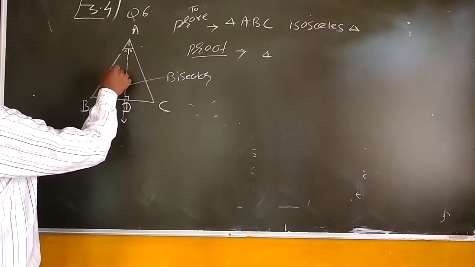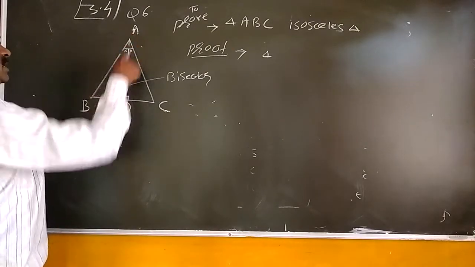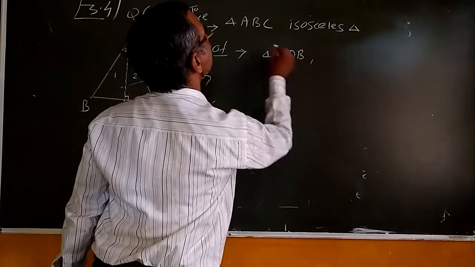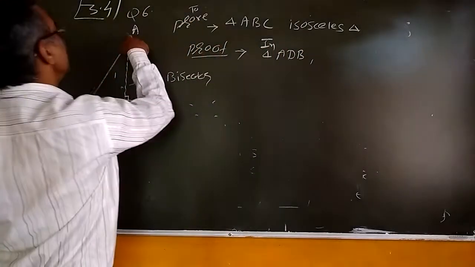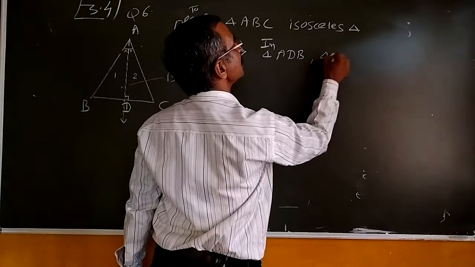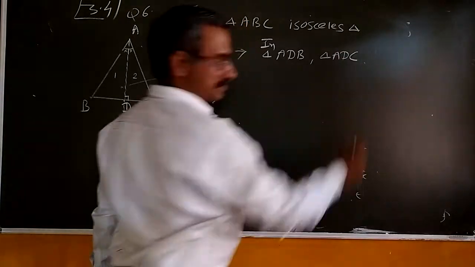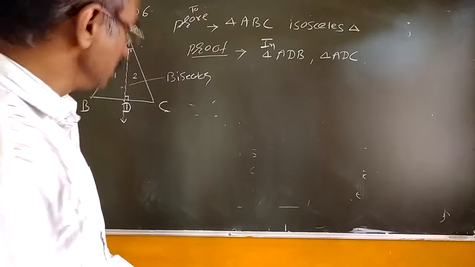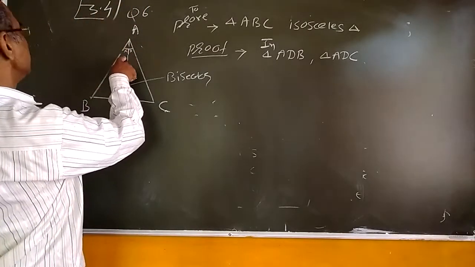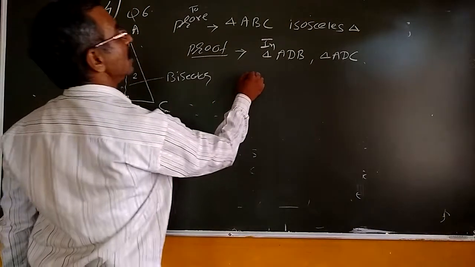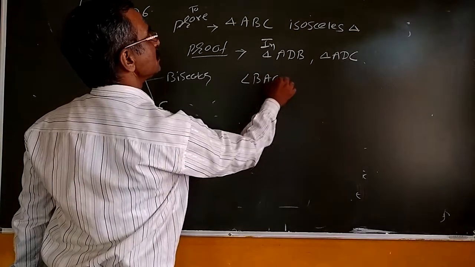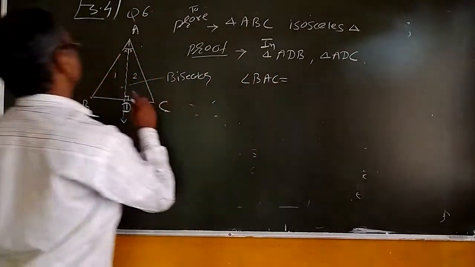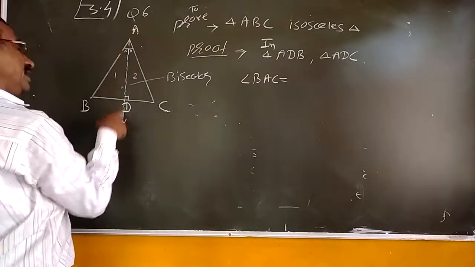So we get two triangles, the names of these two triangles are ADB and ADC. Here it is a bisector, means angle BAD is congruent with angle CAD.